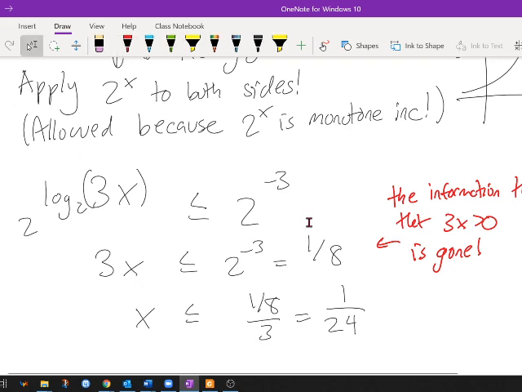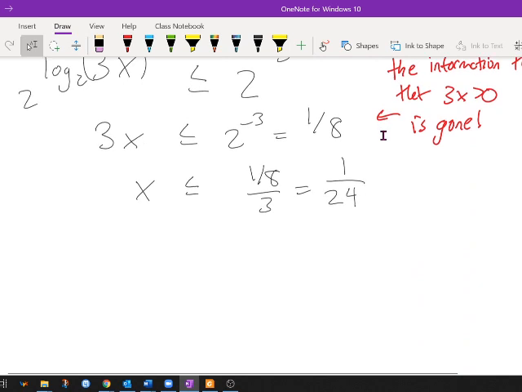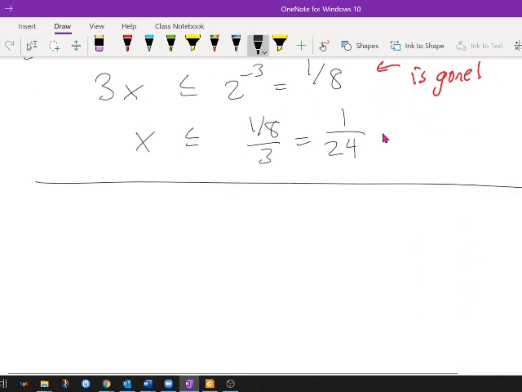So to fix this problem, what you have to do is keep track of the information a different way. So I think what I would do is to do the problem from scratch one more time and fix this mistake. So log base 2 of 3x less than or equal to minus 3. So this is what I would do.